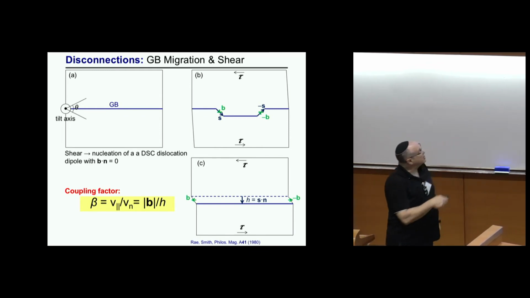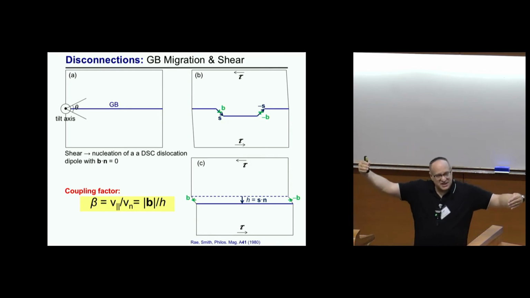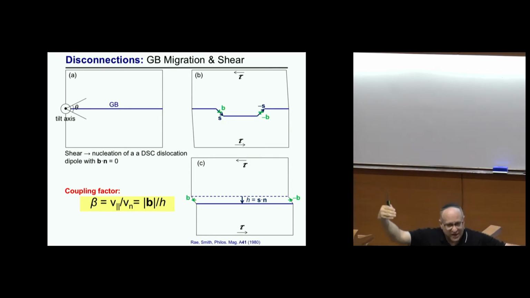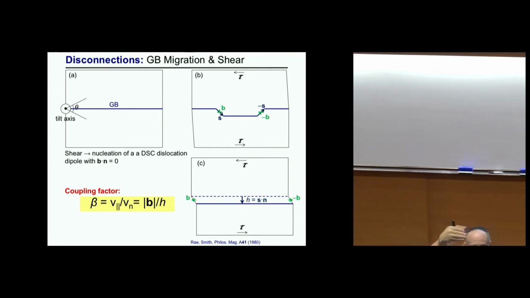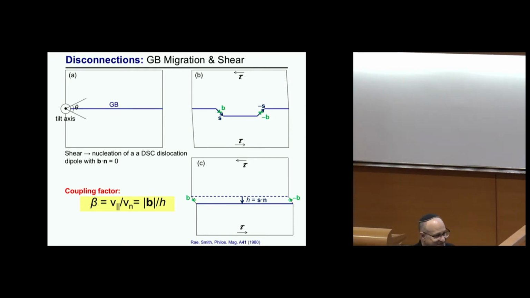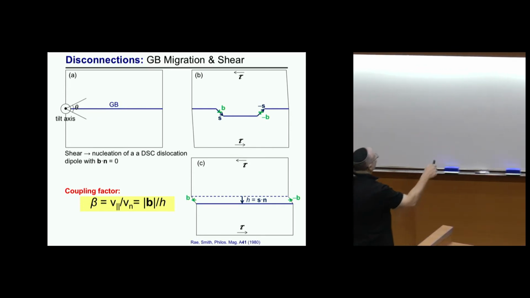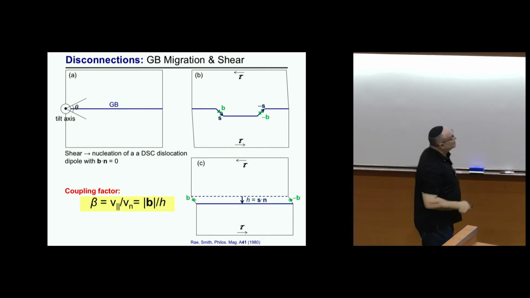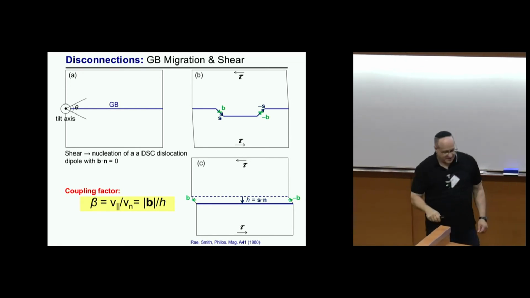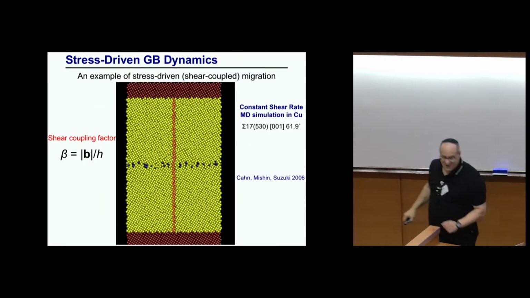And the ratio of the velocity of the 2 crystals relative to each other tangentially and the rate at which it migrates this way is just given by the ratio of the Burgers vector to the step height. Okay? We're good? Okay. And that's called the coupling factor. It's the ratio of the Burgers vector to the step height.